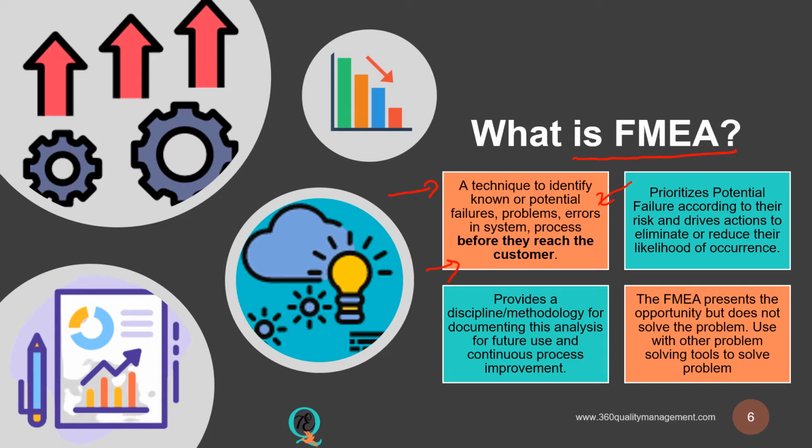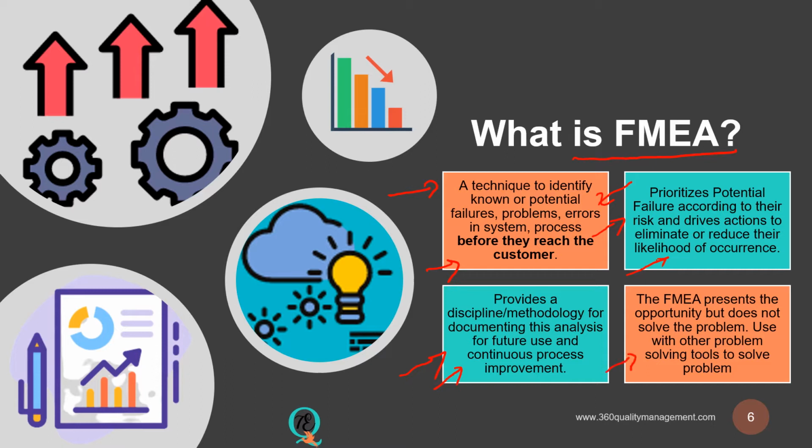It prioritizes the potential failures according to their risk and drives actions to either reduce or eliminate the potential of them occurring. And it provides a discipline, a methodology to document this analysis so that we can use it in the future and also in continuous process improvement.